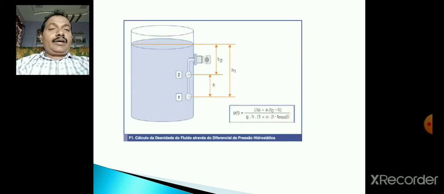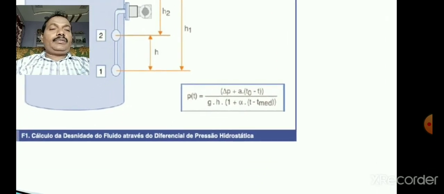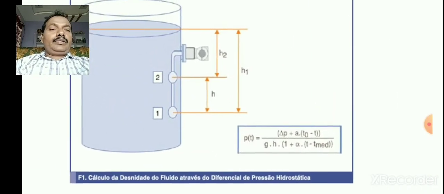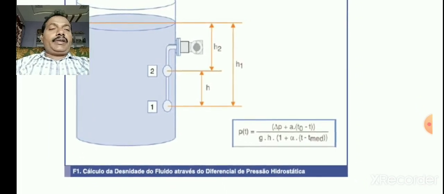So this is the density. Here, if you observe, the density rho T is given by delta rho plus A into T0 minus T, divided by GH, times 1 plus alpha into T minus T middle.